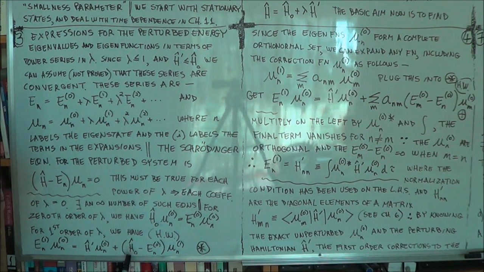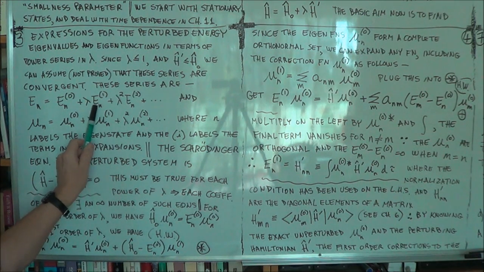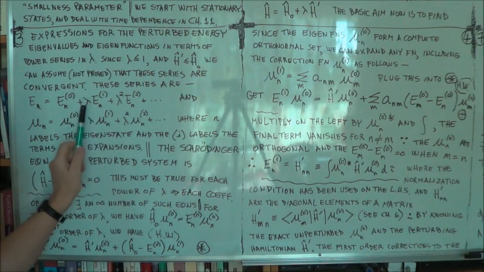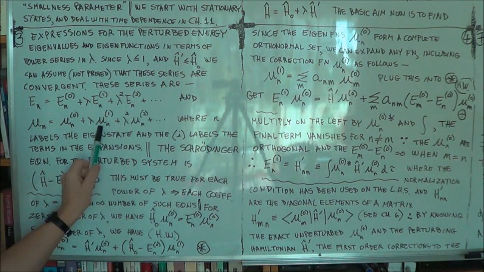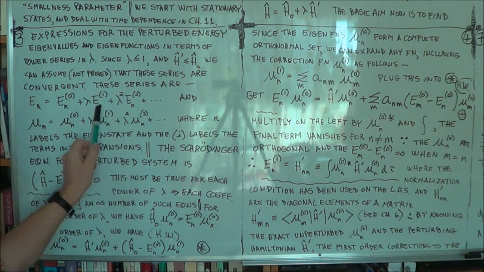This we know. So what don't we know? The first order energy eigenvalue. We're trying to calculate that, and we don't know this either. This is the first order correction to the eigenfunctions. We don't know that, and we don't know that.